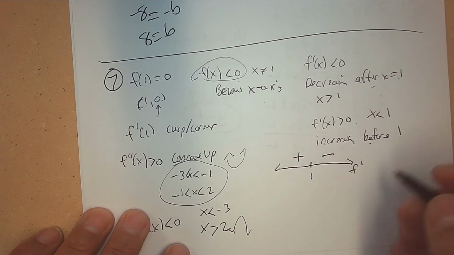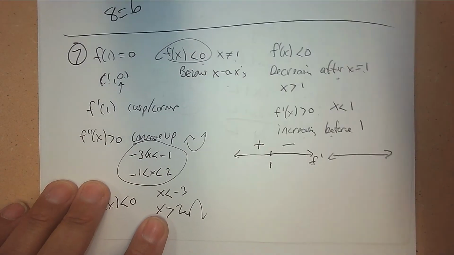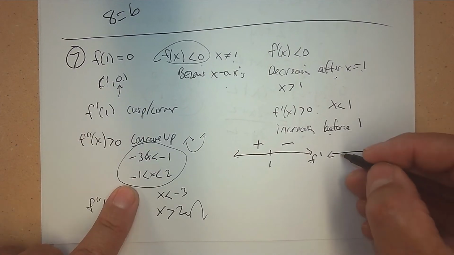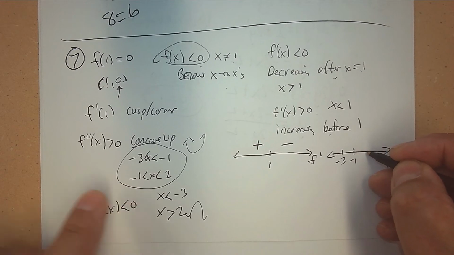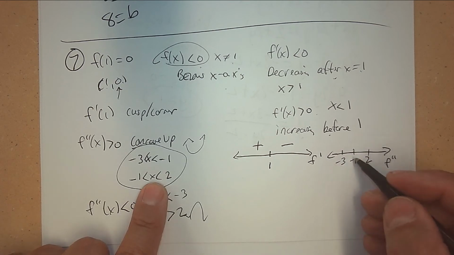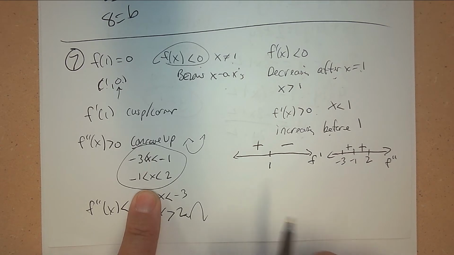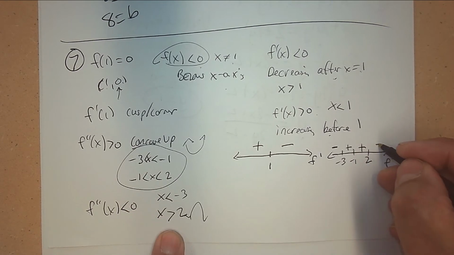For the second derivative, we have a few numbers: -3, -1, 2. It's concave up between -3 and -1, and between -1 and 2. That's concave up. When it's less than -3, it's concave down. Bigger than 2, it's concave down.